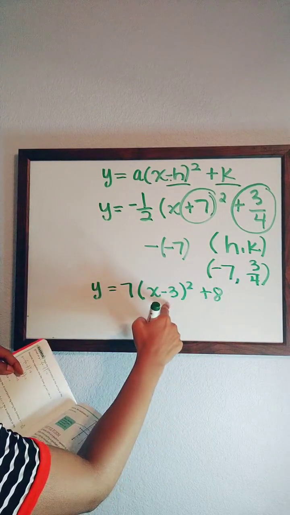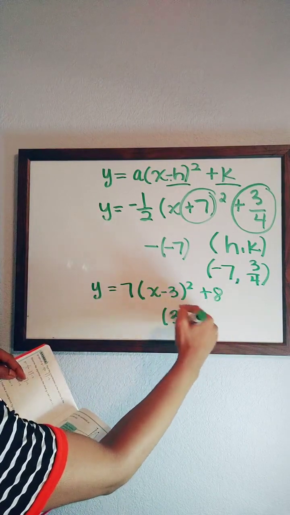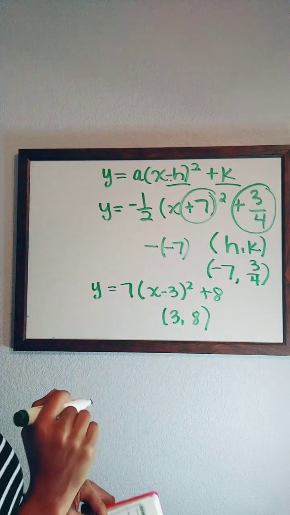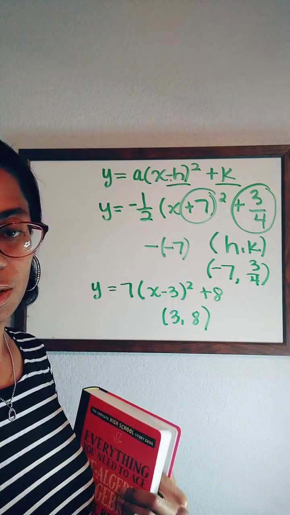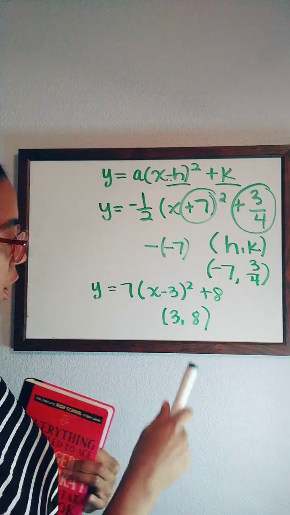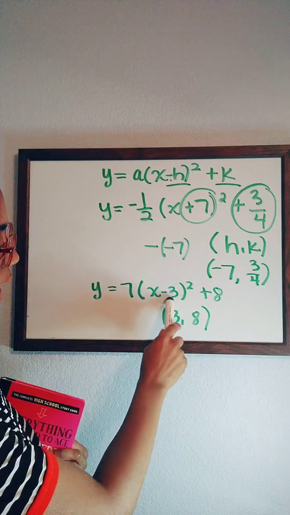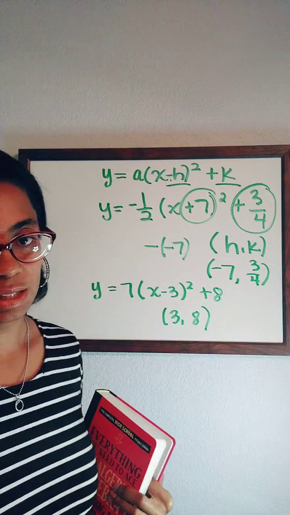And remember last night, we ended up taking the 3 and the 8. So you always take the opposite of what's inside of here. Yeah, this is the vertex form thing. See? Last night, we took the 8 and we took the 3 from inside the parentheses. But we always take this outside number at the end.